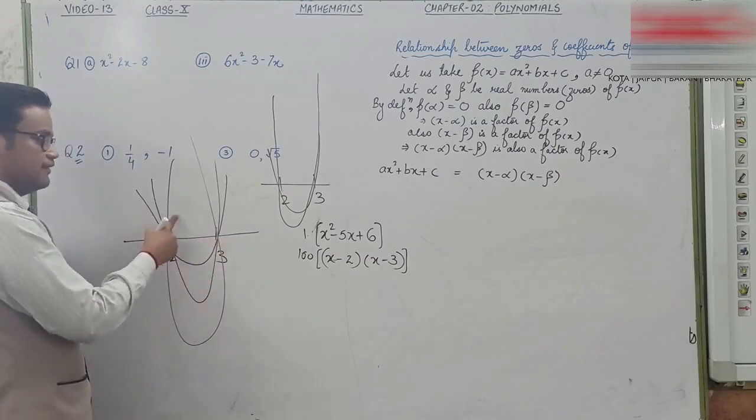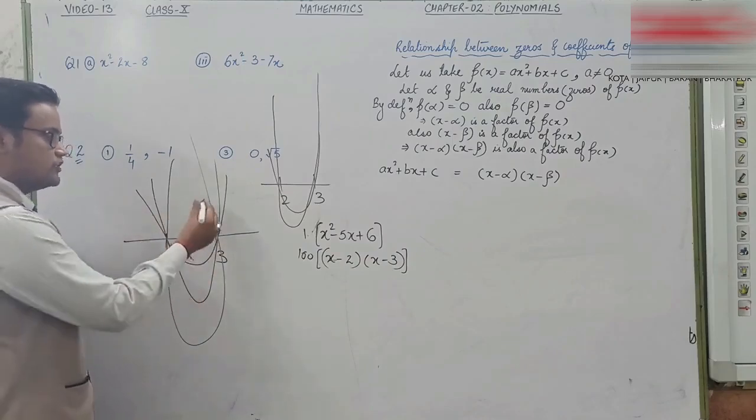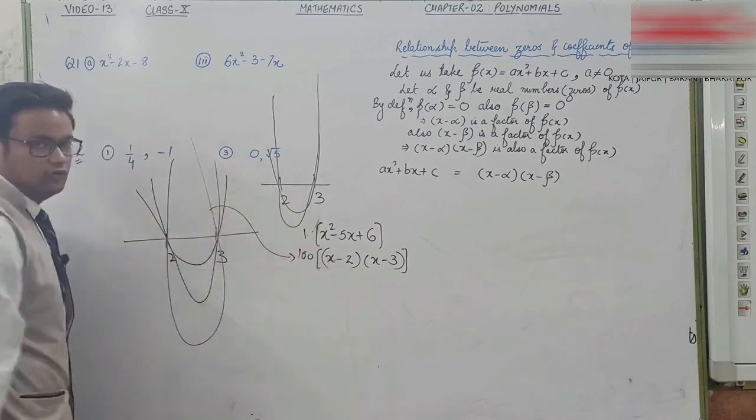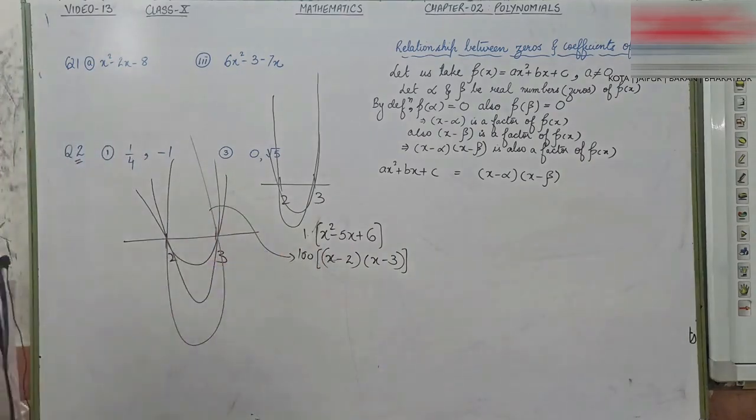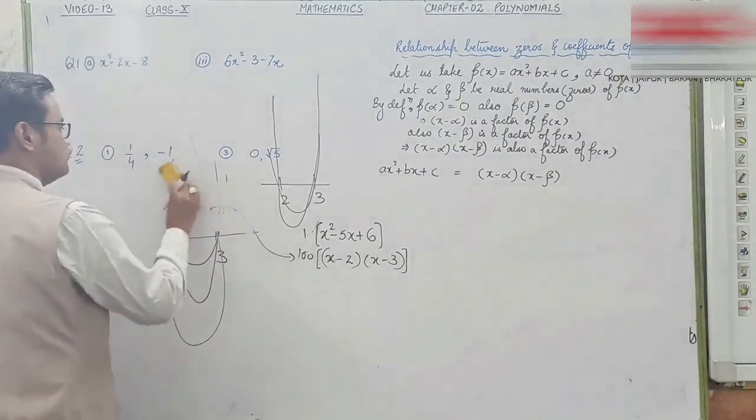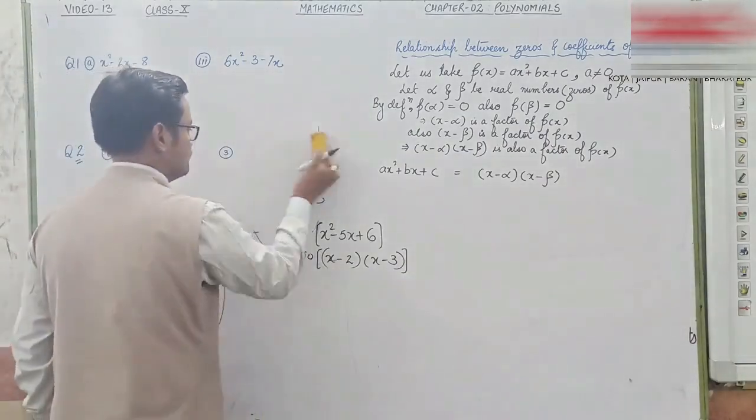But there could be infinite such graphs, and you never know which one of these could depict your polynomial, right?